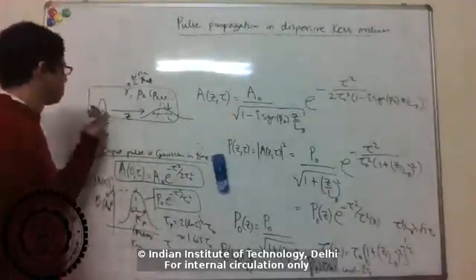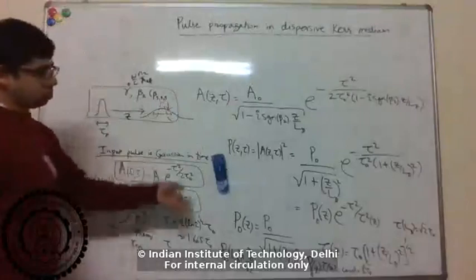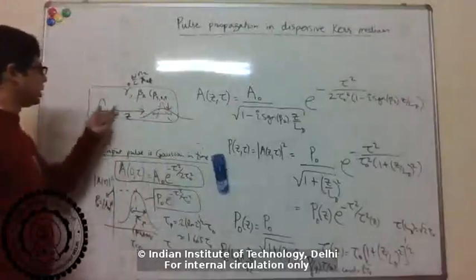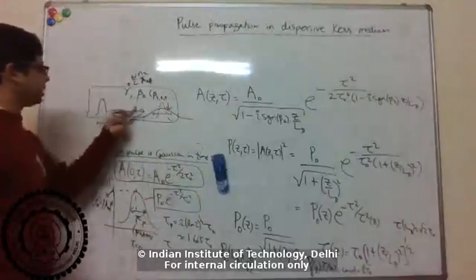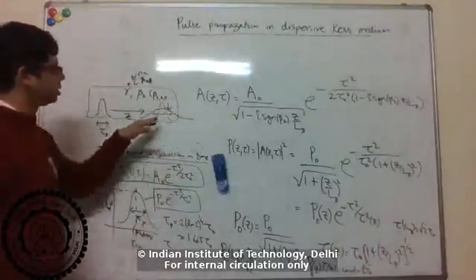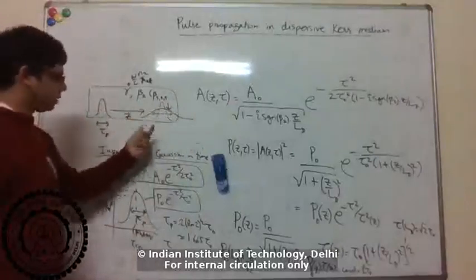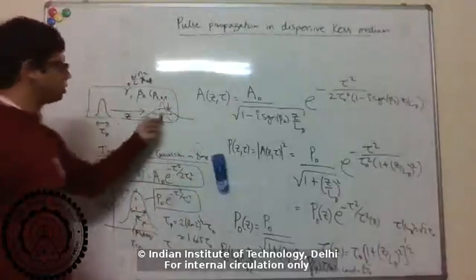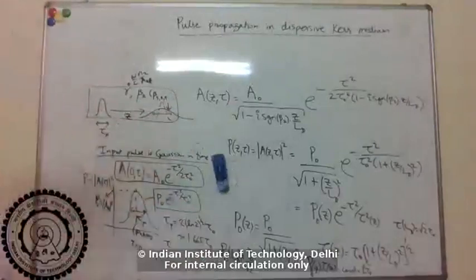Okay, so basically mathematically we've seen that if I launch a pulse in a dispersive medium, then as the pulse propagates, it broadens such that the total energy in the pulse remains the same, so the peak power goes down, right?